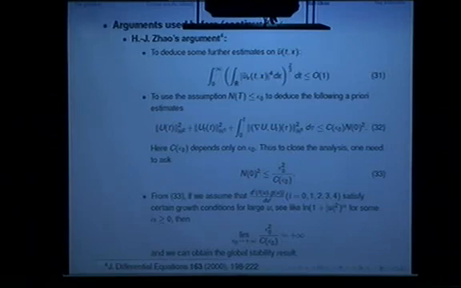And then, for any given epsilon, we can obtain this kind of estimate. And here, this C epsilon 0 is a constant depending only on epsilon 0. So if we want to close the analysis, we need to ask this one and the initial perturbation to satisfy this kind of conditions. So in this argument, we do not ask epsilon to be small, but to close the analysis, we ask the perturbation to satisfy these conditions.